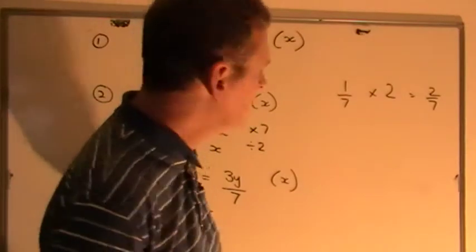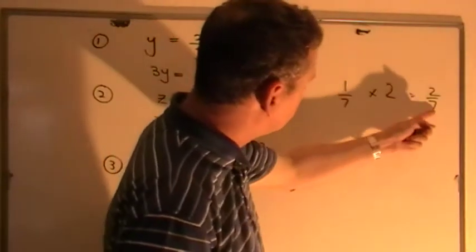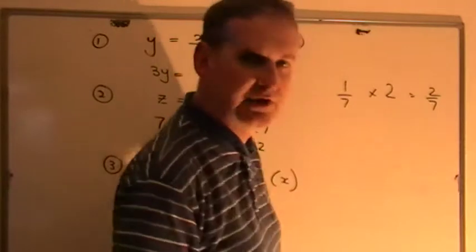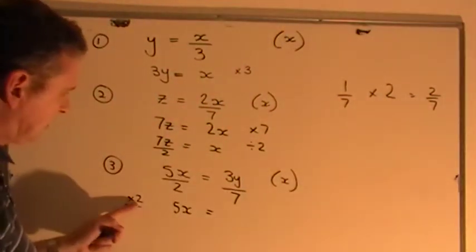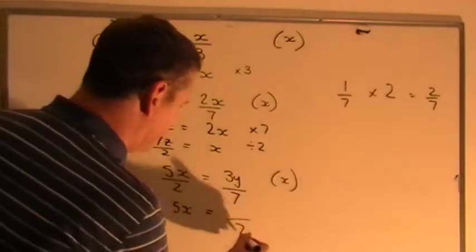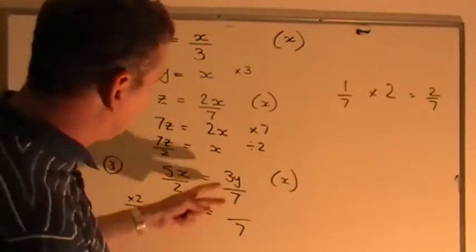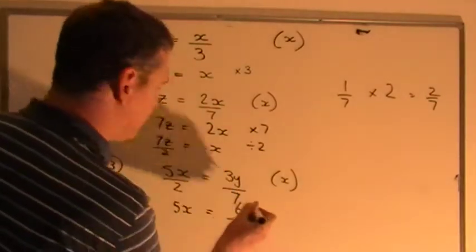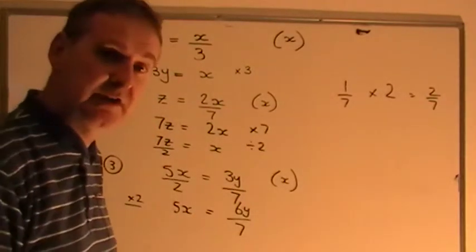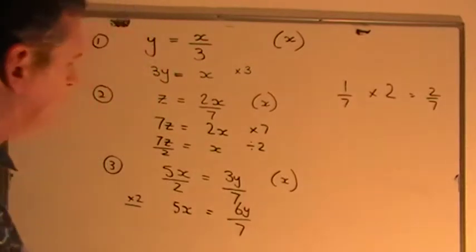That's how it works. So you leave the 7 alone on the bottom and say 1 times 2 is 2 on the top. So if I want to times this fraction by 2, you leave the over 7 unchanged. Instead of having 3y over 7, you have 6y over 7. You just double the top line. 6y over 7.